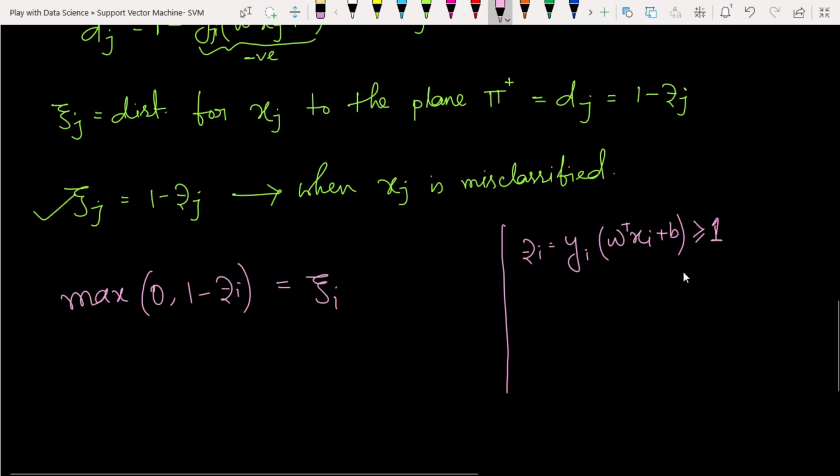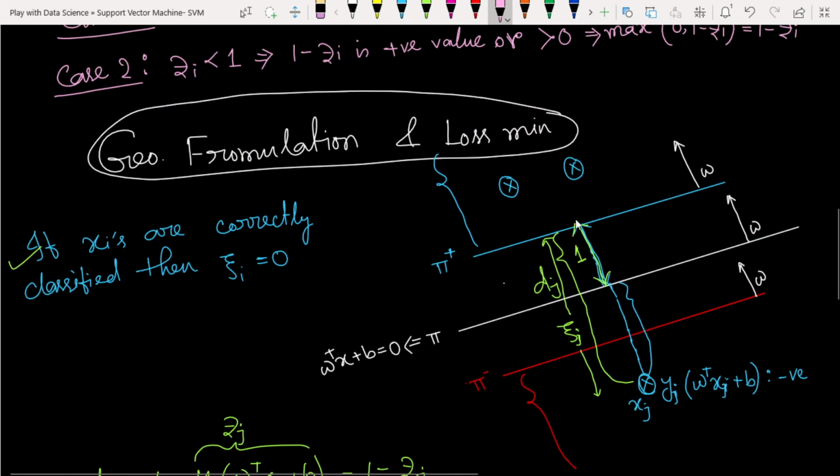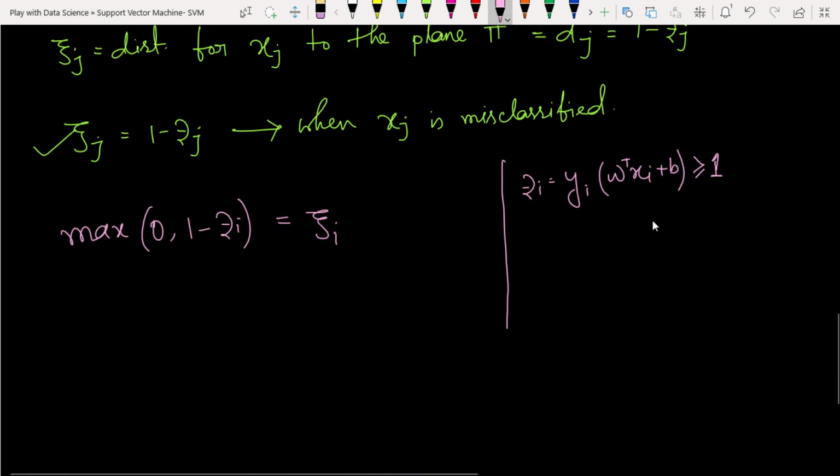Greater than or equal to 1 means in these directions as well as in these directions. So in this case, if zi is greater than or equal to 1, then zeta i is equal to 0.